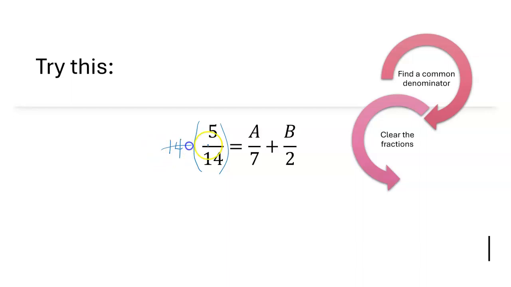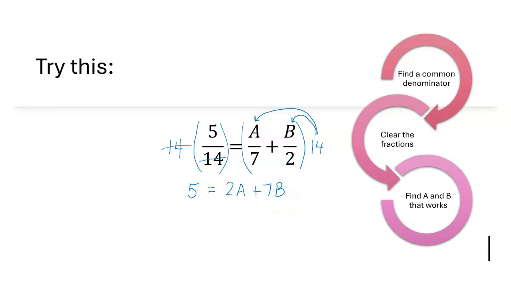On this side, my 14s are going to cancel and I'll get 5. And on the other side, I have to distribute 14. So 14a divided by 7 would be 2a. And then 14b divided by 2 would be 7b. And I'm looking for any numbers a and b that would work with that equation.